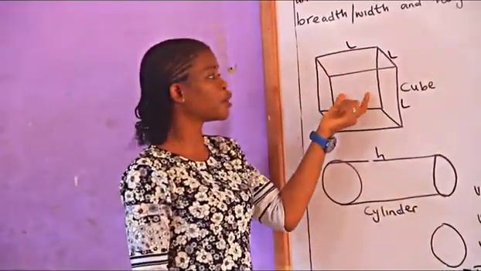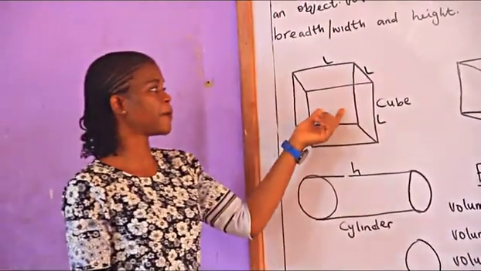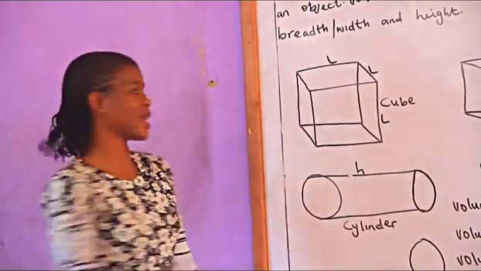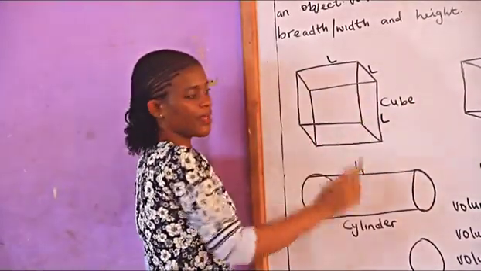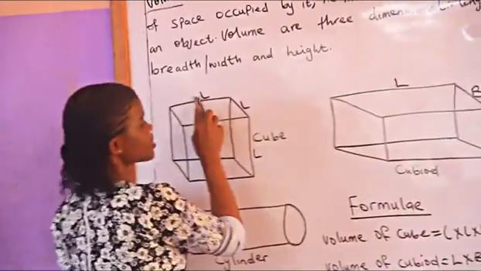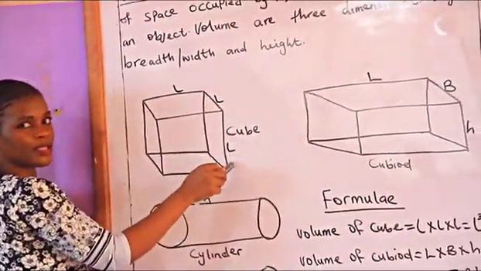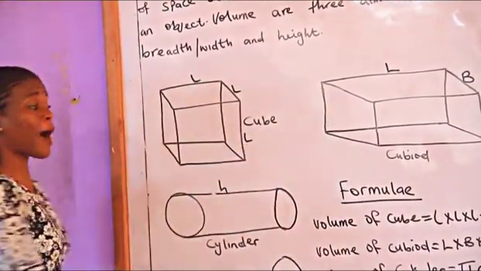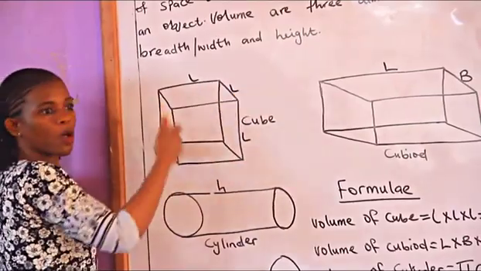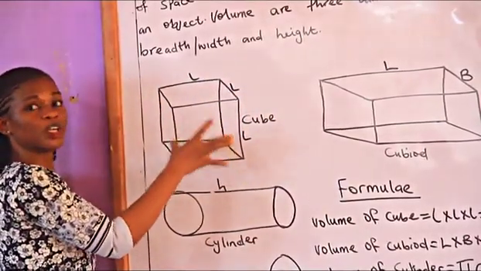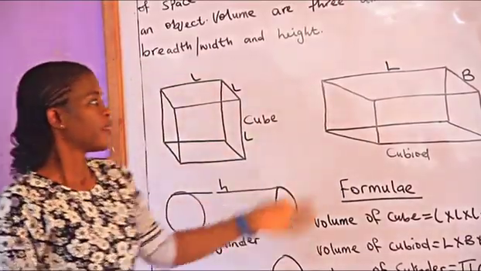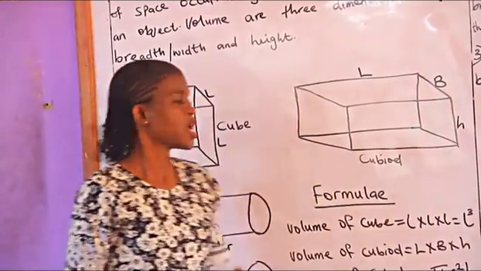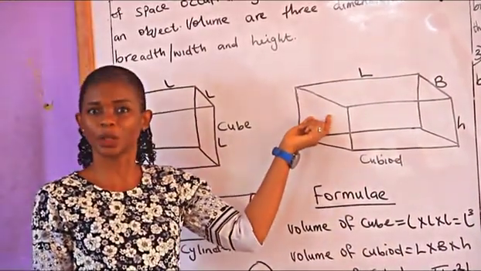In addition, the cube is a shape of combination of squares, which means all the sides are equal. That is why we have the length multiplied by the length multiplied by the length. So in case we are given just a particular side, it means we'll apply that same particular side to all the sides because it is in the form of a square shape. The cuboid is a combination of rectangles. It is in the form of a rectangular shape.